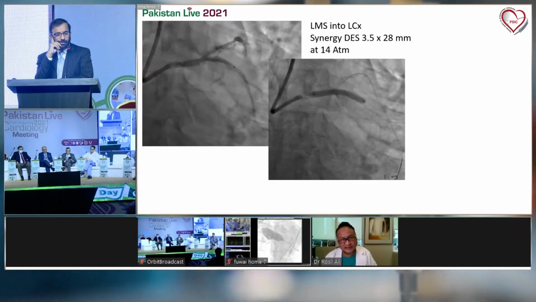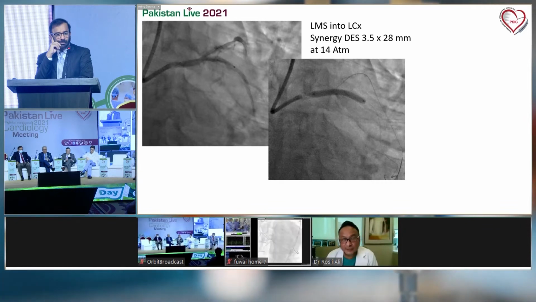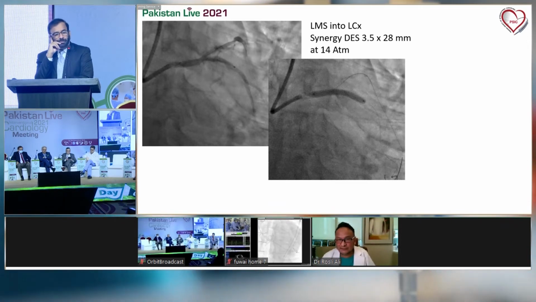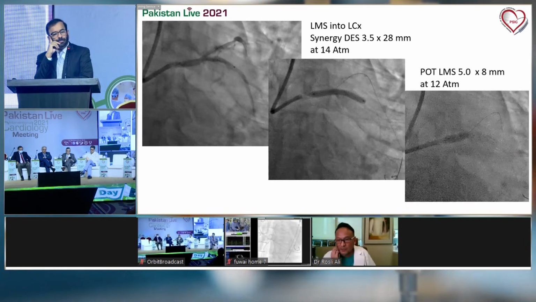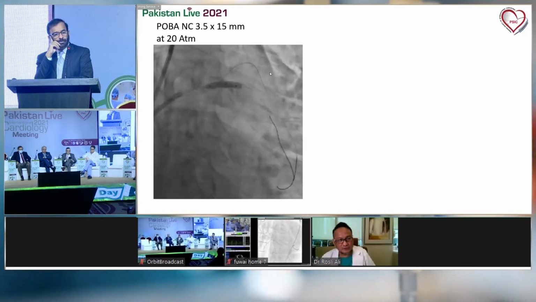We then took a stent, and in this case I wanted to do it with the stent from the left main stem into the circumflex first. So 3.5 by 28, deployed at 14 atmospheres. Then we took the POT balloon 5.0, IVUS guided, at about 12 atmospheres.